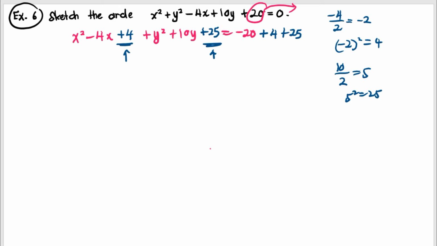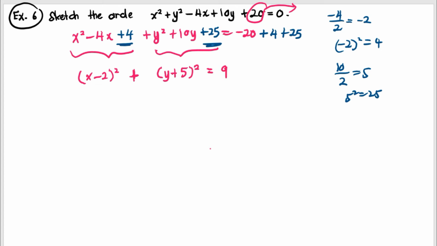Now you can factorize this part, okay? Now we're going to factorize this. We will have x minus 2 square, and for this part we will factorize as y plus 5 square. All right. Now for this one you get 29, right? 29 minus 20, therefore you get a 9.